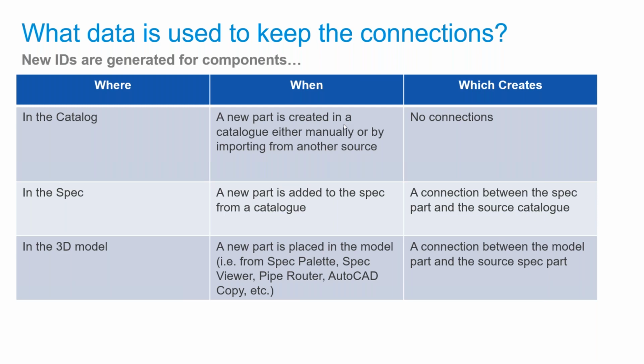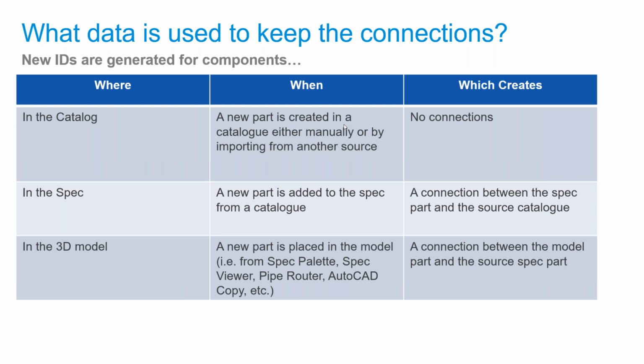So if you delete a part from the spec, the main problem is you lose connectivity to the 3D parts, which comes in the next point. Of course, if the part is deleted, there's no connection to the catalog anymore.